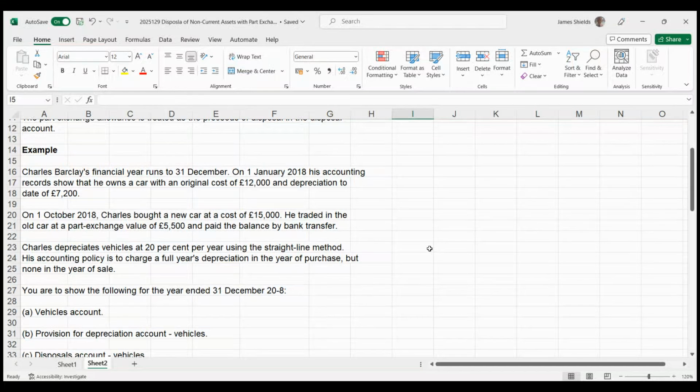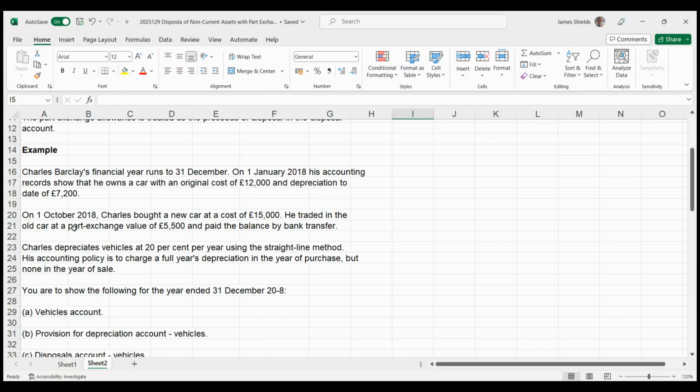So an example here: Charles Barclay's financial year runs to the 31st of December. On the 1st of January 2018, his accounting records show that he owns a car with an original cost of £12,000 and depreciation to date of £7,200. On the 1st of October 2018, Charles bought a new car at a cost of £15,000.